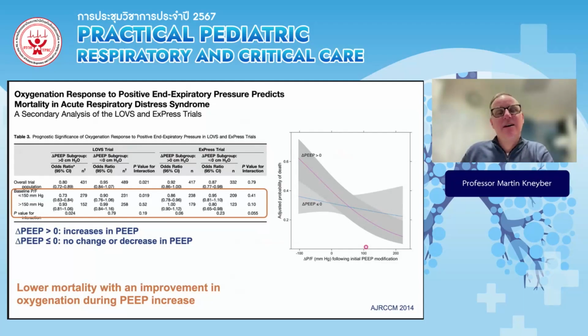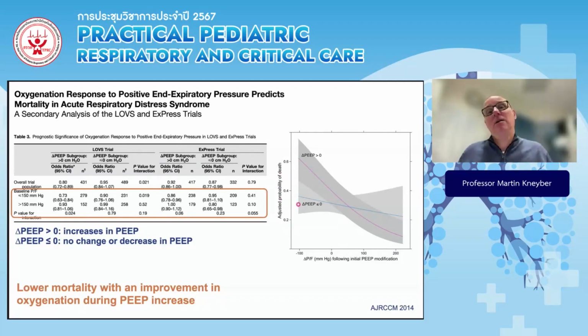And I think one of the studies that really underscores the need for dissecting is this reanalysis of the EXPRESS and the LOVS trial. If you look at the adjusted probability of death and the change in PF ratio following initial PEEP modification, so in those where the PEEP was increased, if there was an increase in oxygenation, there was a lower risk of death.